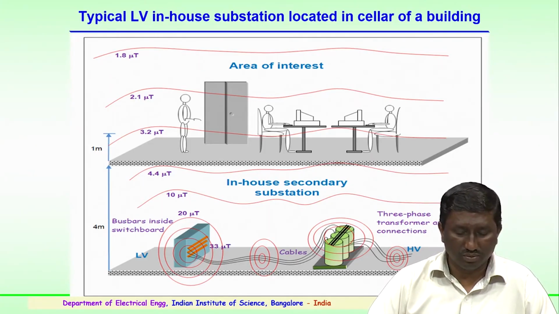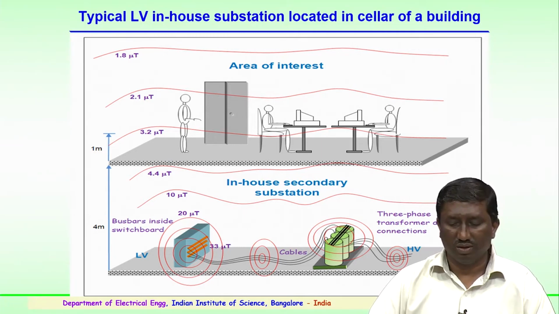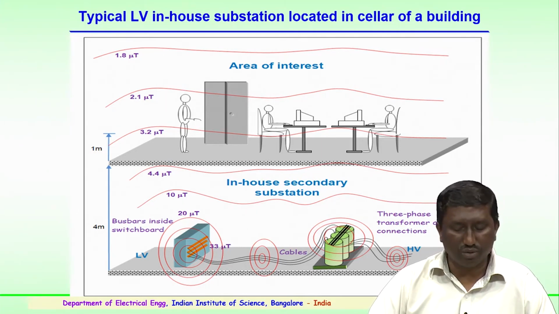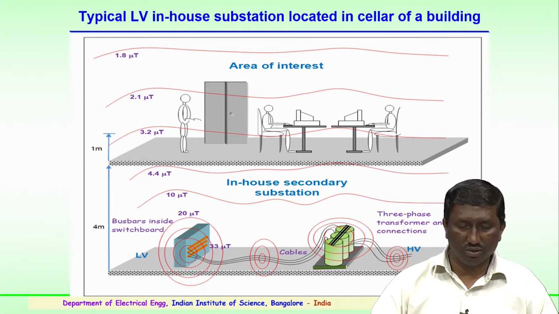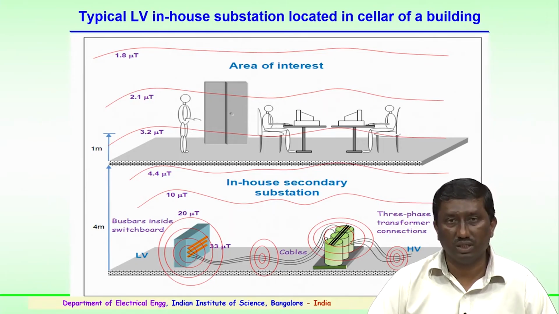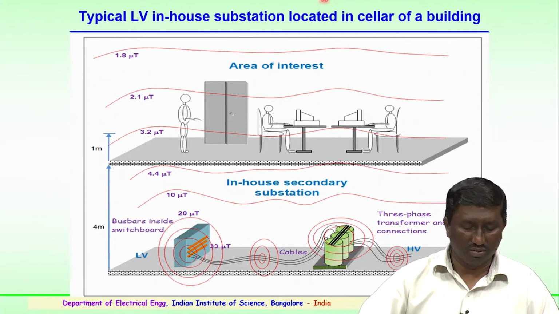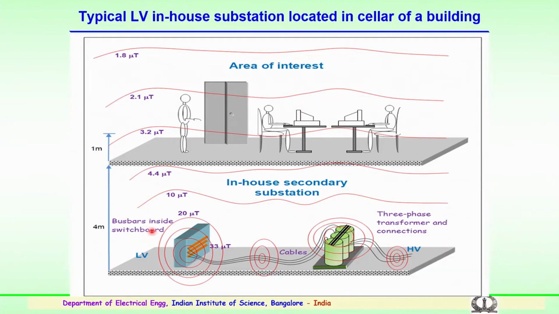So, proper management and proper planning is essential, and measurements have to be carried out for the emission of magnetic field by the equipment which are stationed in the substation. So, this could be bus bars inside, or the transformers, or the high voltage cables. Each of these equipment contribute to the magnetic field.